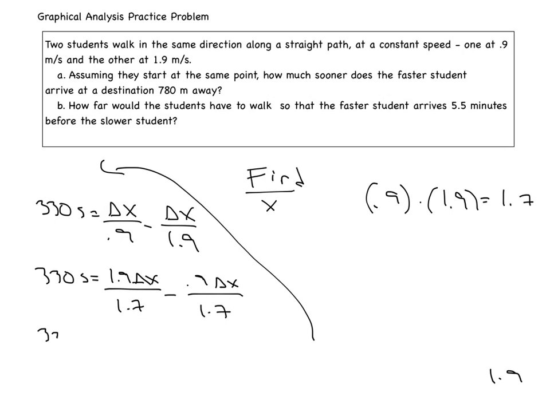So 330 seconds equals 1 times delta x, over 1.7. So now we can multiply the 1.7 up here times 330, and when we do that, we get a distance, delta x, equal to 564 meters.